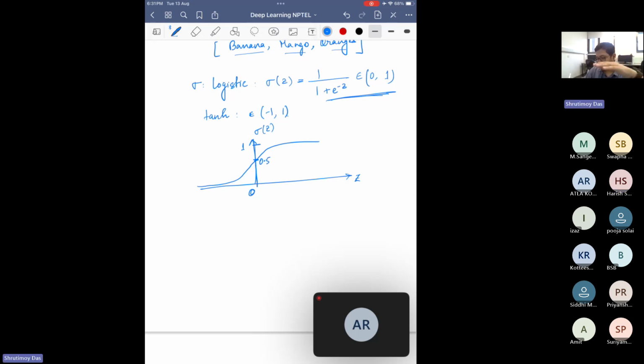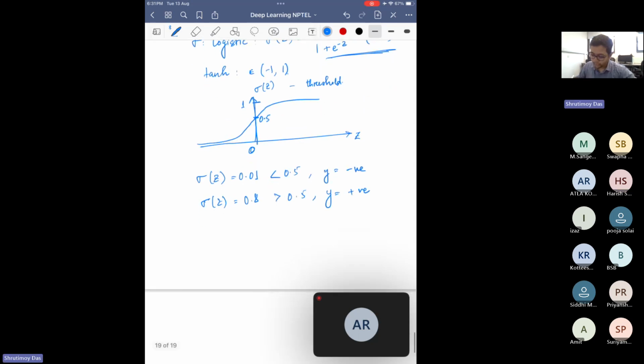Sigma is basically used for thresholding type of operation. If for something my sigma is, say, 0.01, which is less than 0.5, then I say that it is a negative class. Or if I have sigma z, say 0.8, which is greater than 0.5, I say that this is a positive class.